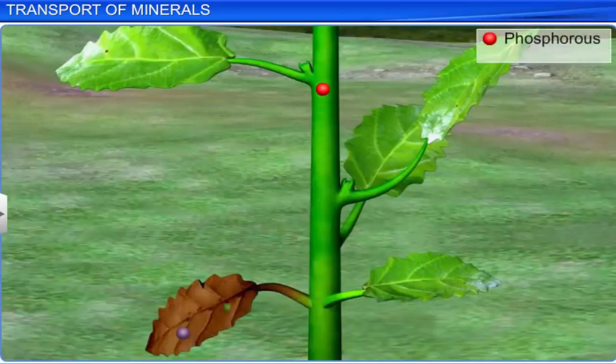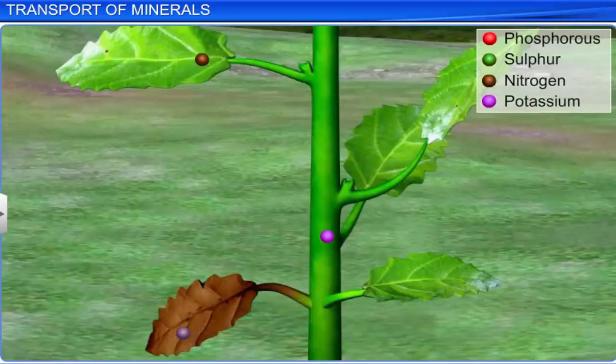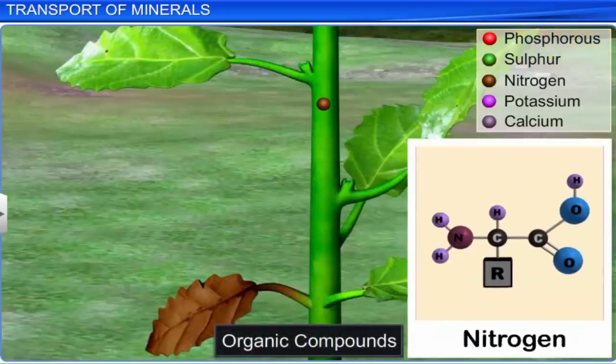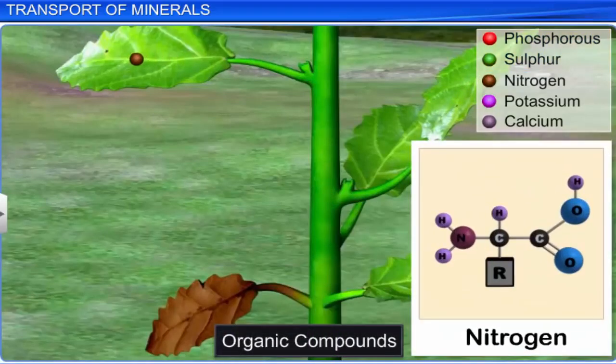Phosphorus, sulfur, nitrogen and potassium are readily mobilized as inorganic ions, while some elements such as calcium that are structural components cannot be remobilized. Small amounts of phosphorus and sulfur are also carried as organic compounds. However, most of the nitrogen is carried as organic compounds in the form of amino acids.